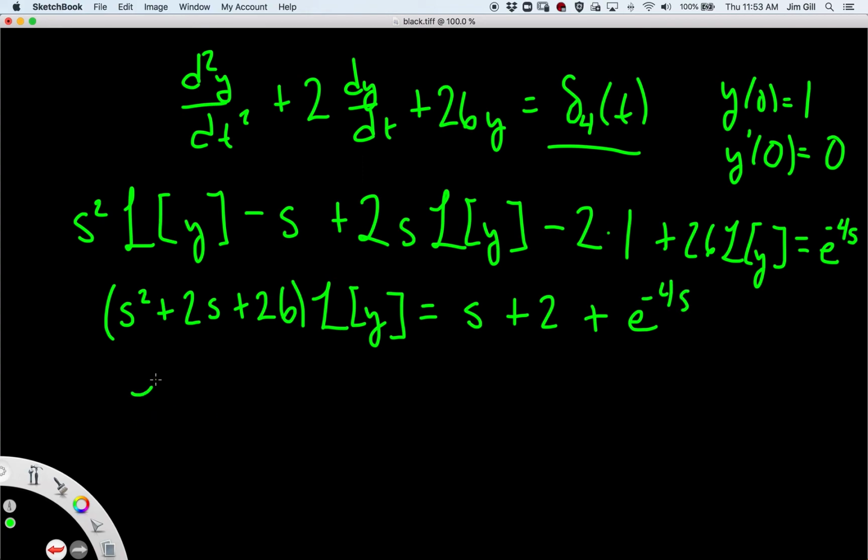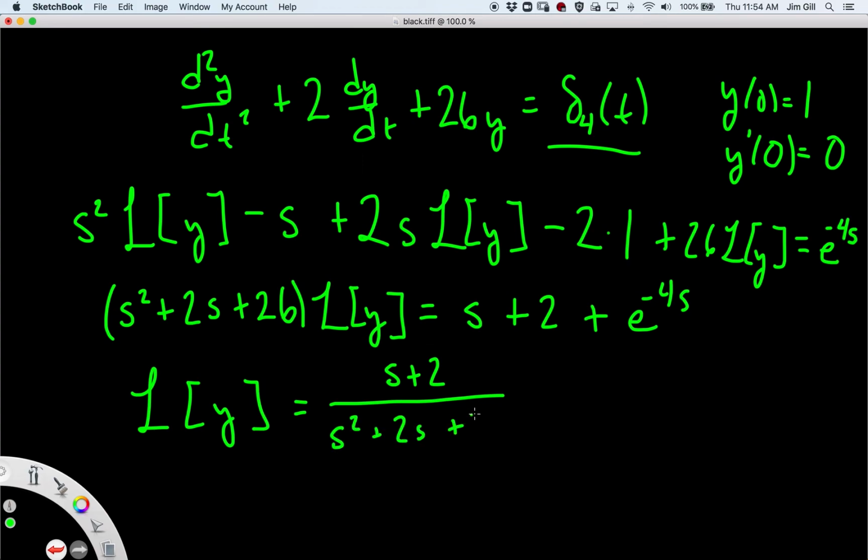Now we know what to do. We divide both sides by s squared plus 2s plus 26. So it gives us an s plus 2 divided by s squared plus 2s plus 26 plus e to the minus 4s divided by s squared plus 2s plus 26.